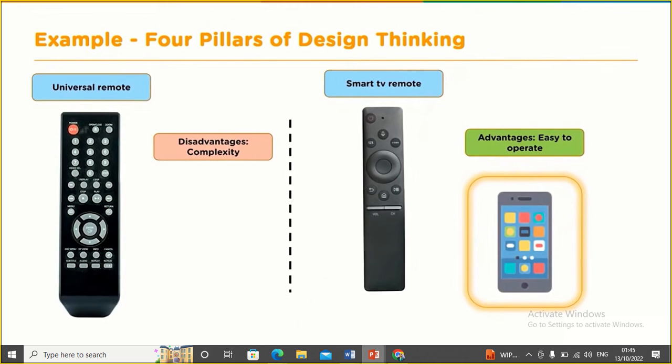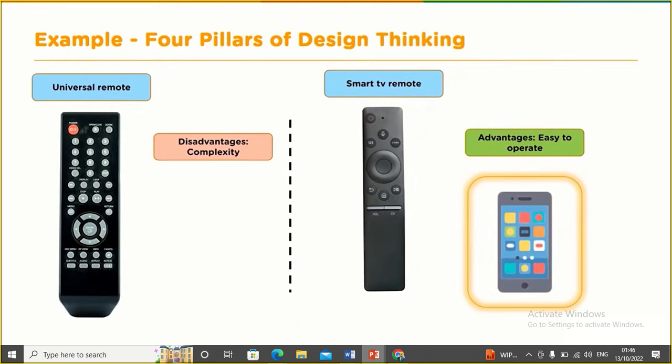And one more important advantage is that it has fewer buttons, and the TV can also be operated using mobiles also. Okay, so these are the advantages of introducing a smart TV remote.